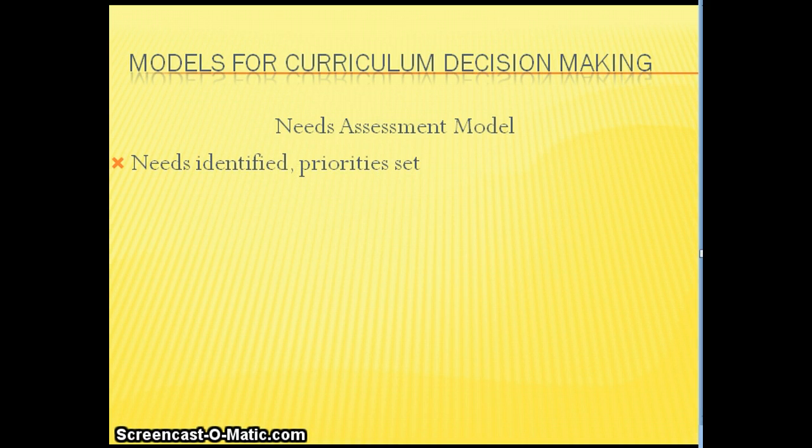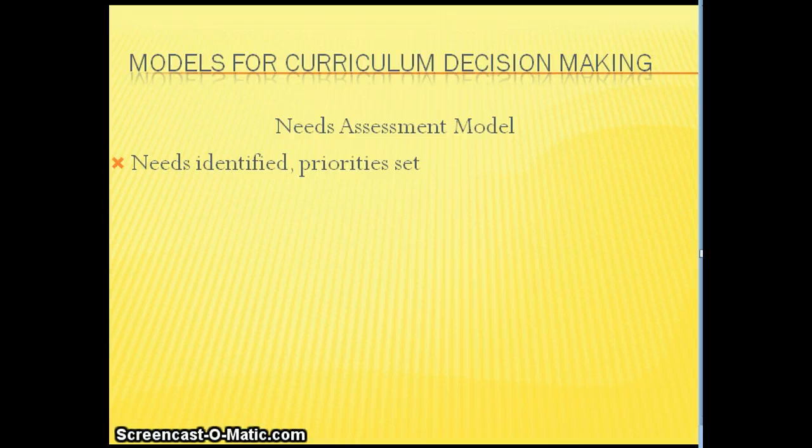So there are several steps that curriculum developers go through in a needs assessment. One of the first steps is that they have to identify the actual needs and set those priorities. In this step, the curriculum developers think about what outcomes they want from this curriculum.